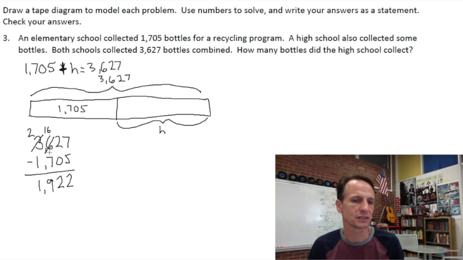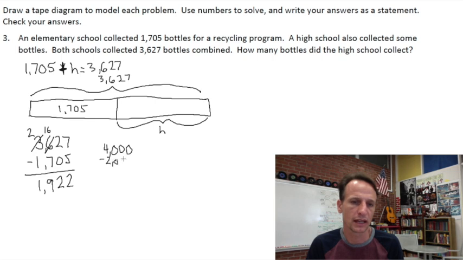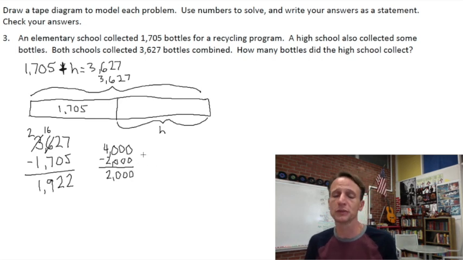The 6 tells us it's past the midpoint, so we'd round up to 4,000. And we're subtracting, we'd round this up to 2,000, and we would receive as an answer something around, well, this actually does round to 2,000, doesn't it? 1,922. Okay, so that's an estimate to make sure our answer is reasonable.